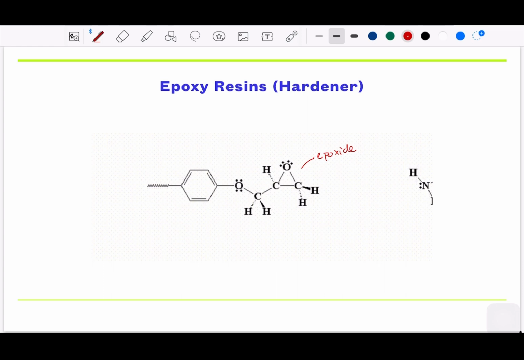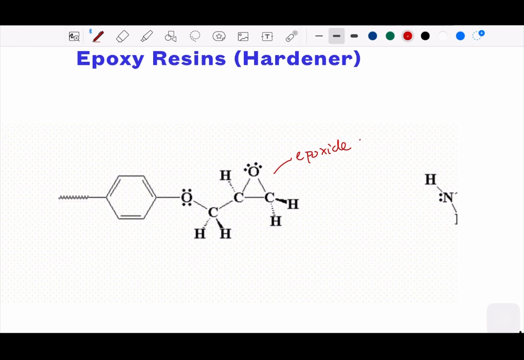So the epoxide tends to open. Okay, so let me write, tends to open up. Do you know why? Because look at the electrons. It has 4 electrons here. So already dense. The localization of electrons is already higher at those positions.